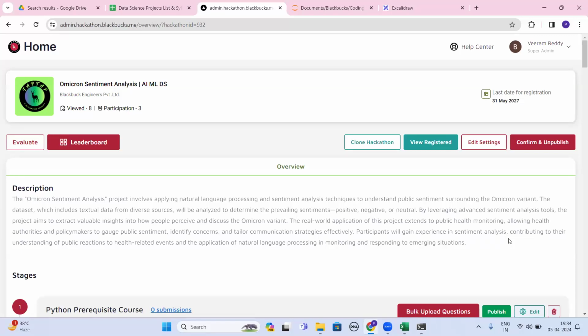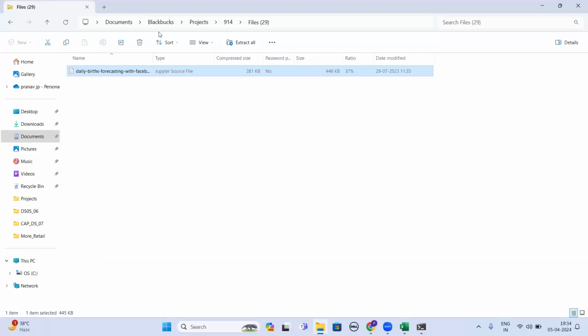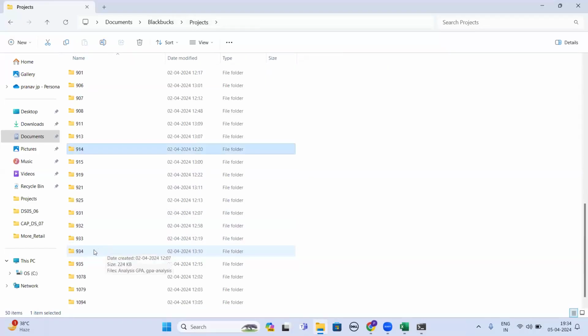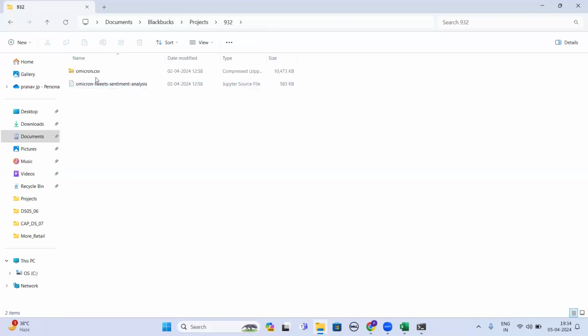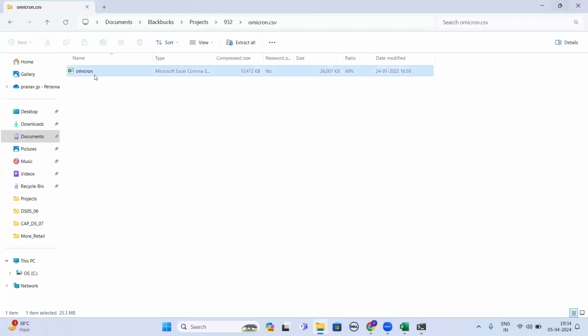And now after this is done, that's deepfake detection media, sir. That's the reason I'm asking about this. Okay. So this one is 932. Let me see if I have the data for this. This is the Jupyter source file. I don't want the Jupyter source file, the CSV data. Let's see how it is.